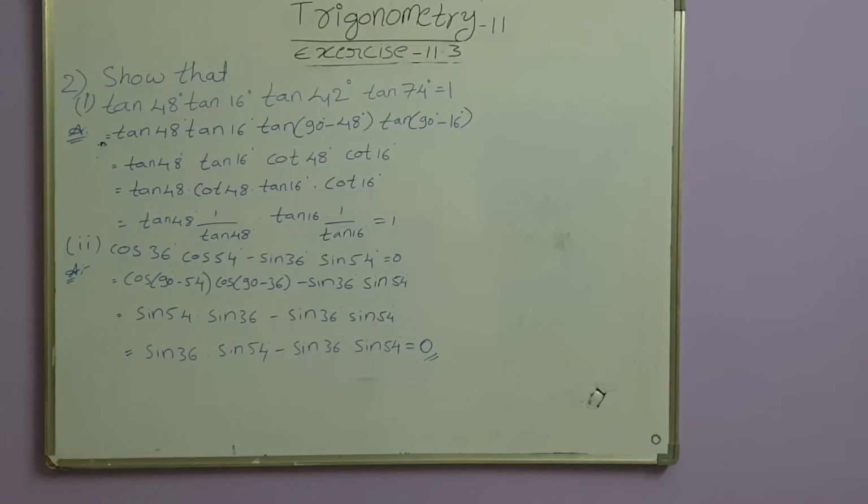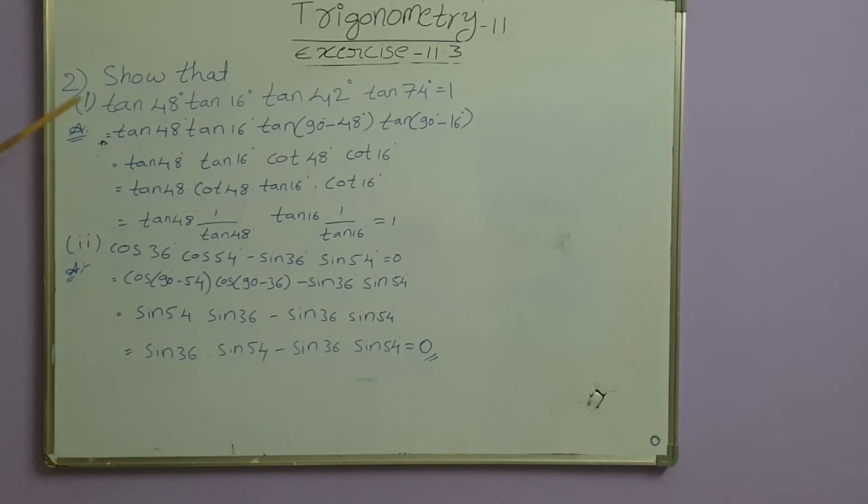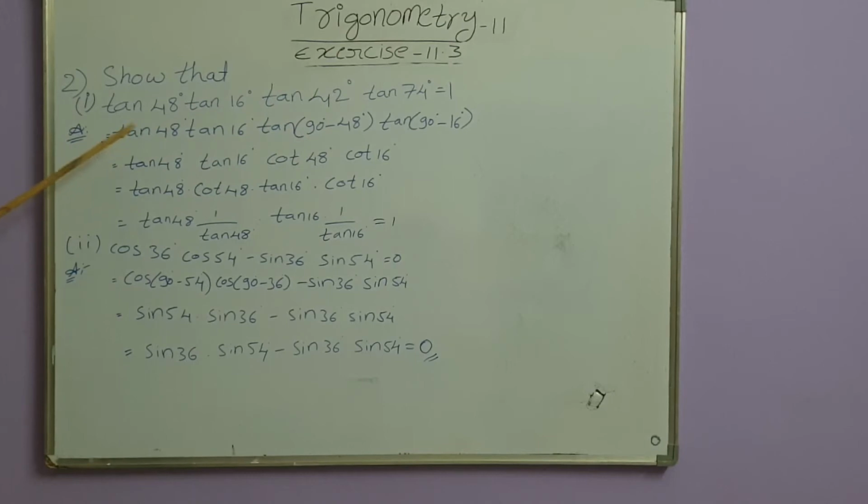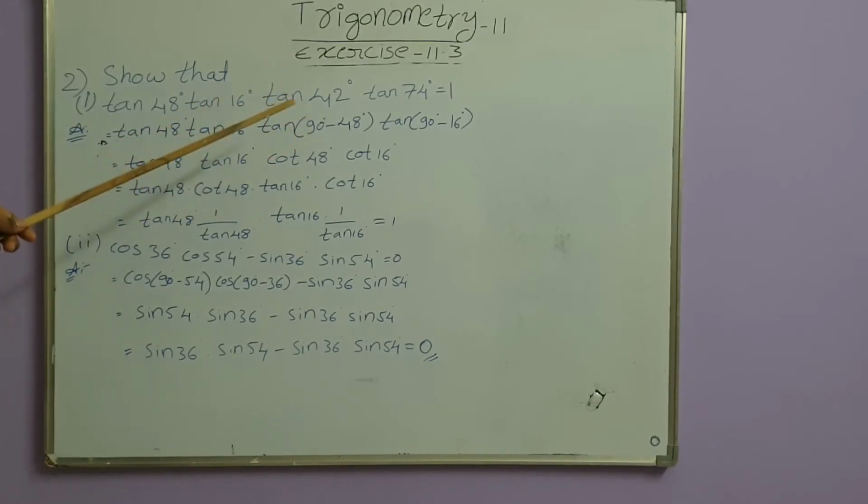In this second one, show that tan 48 degrees into tan 16 degrees into tan 42 degrees into tan 74 degrees is equal to 1. Tan 48 degrees, tan 16 degrees. This 42 is converted to 90 minus theta, so 90 minus 48 is 42.